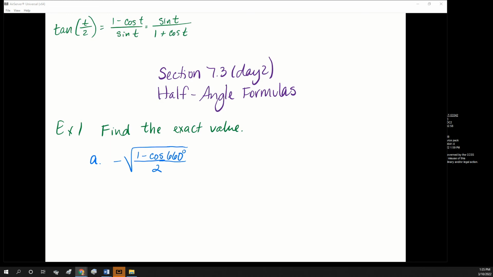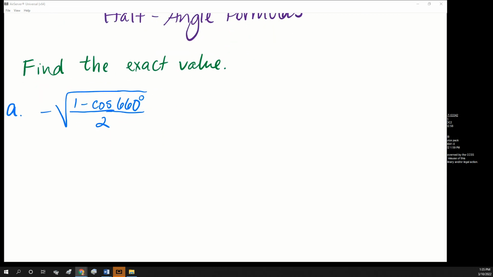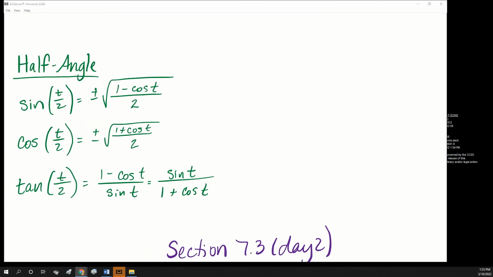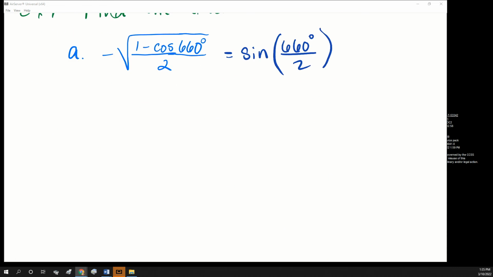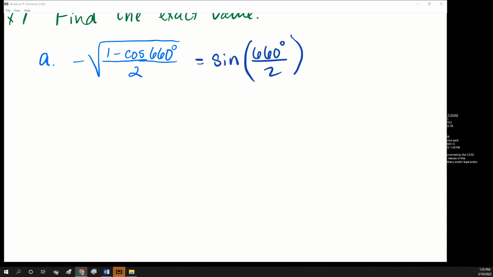And so this is going to be the sine of half of an angle, and the angle that we're half of is this 660, because in the formula, that was your t. So our t is 660 degrees. So we put that same t there, which means we'll take half of it. All right, and then half of 660 degrees is 330 degrees.